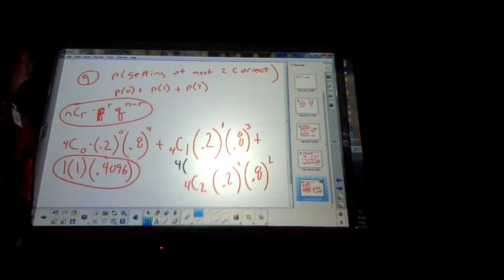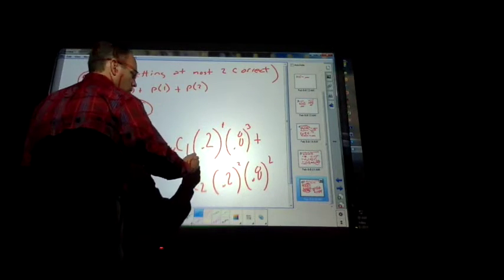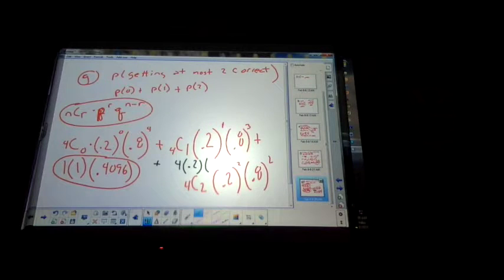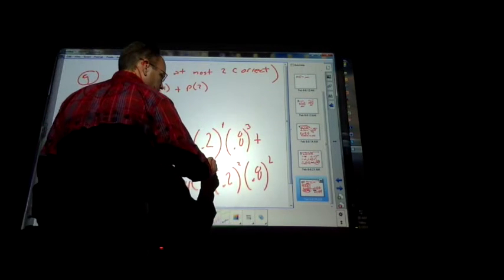What is 0.2 to the 1st power? 0.2. What is 0.8 to the 3rd power? 0.512.